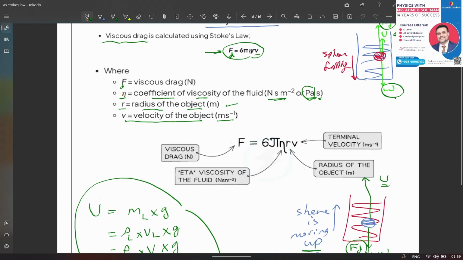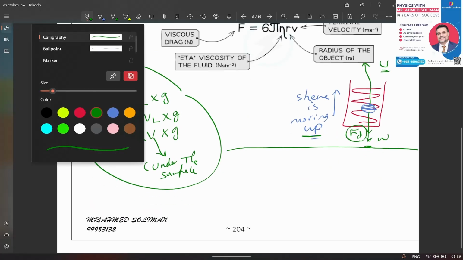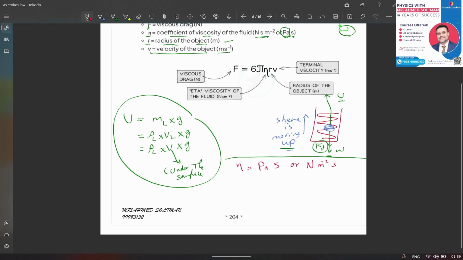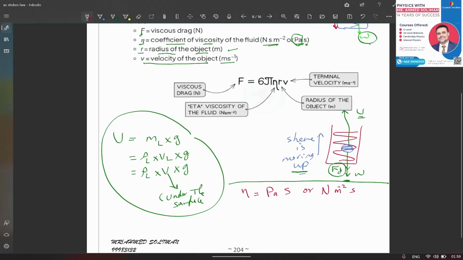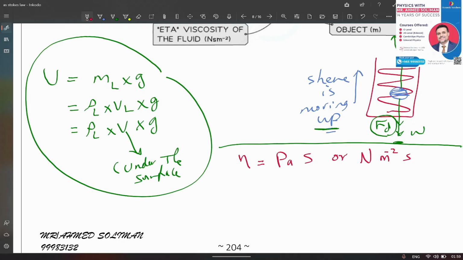Okay, now we have finished this part. I need to add something important. The unit of eta is what? We said Pa s, or N m^-2 s, and this is the unit of the viscosity, eta. What if we want to make it in the SI base units, which are kilogram, meter, second?